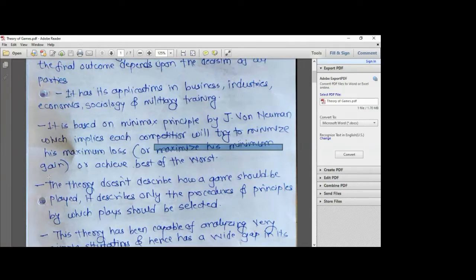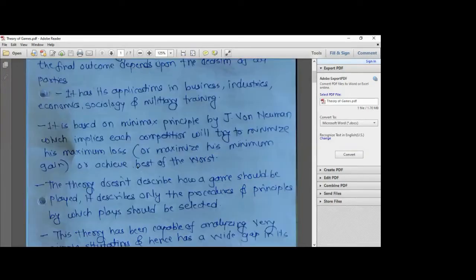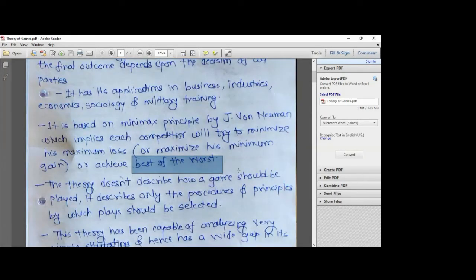So what is the worst case scenario? The worst case scenario is having a maximum loss. But the best of the worst is to try to minimize his maximum loss, which is nothing but achieving the best of the worst.